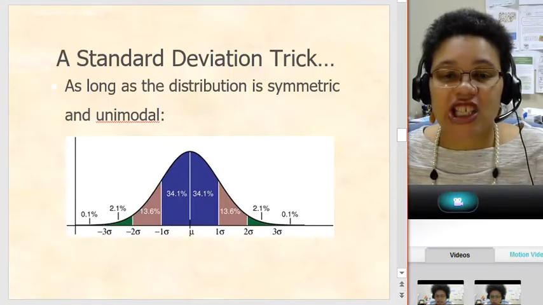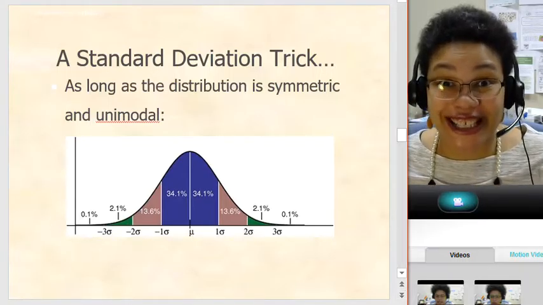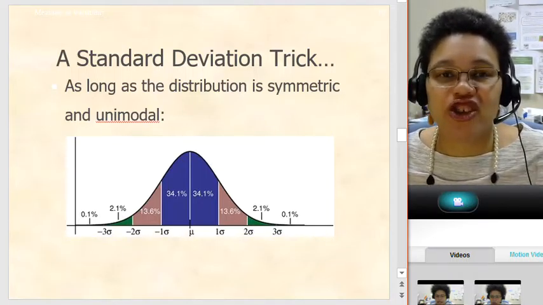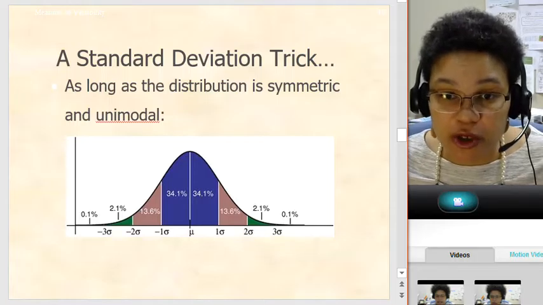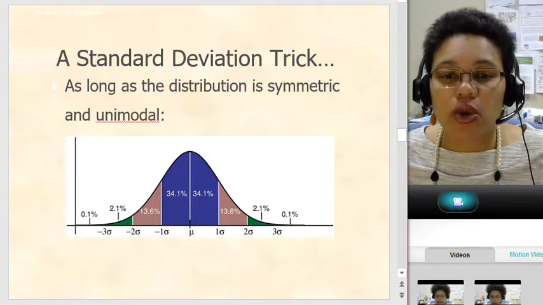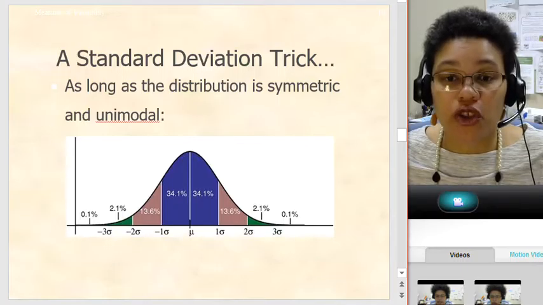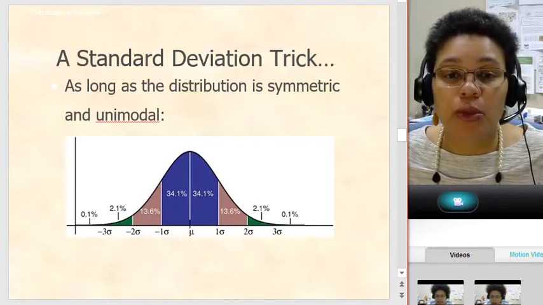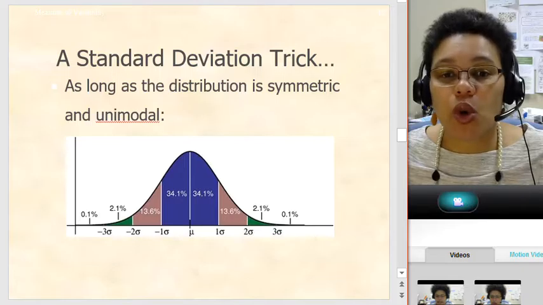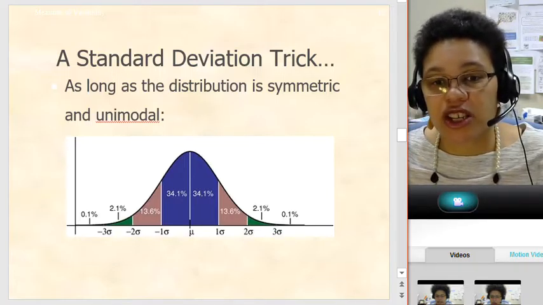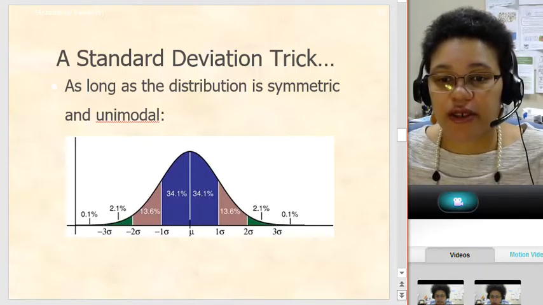So, this is a standard deviation trick, okay? As long as the distribution is symmetric and unimodal, as long as it's a normal distribution, if we know the mean and standard deviation, we know how many scores will fall within each interval. One standard deviation, two standard deviations, three standard deviations, and so on.